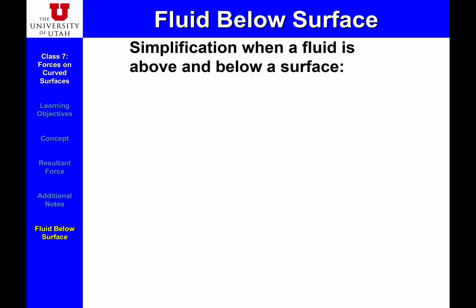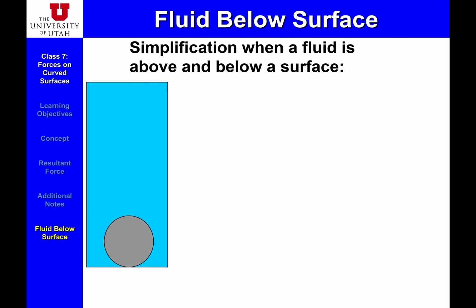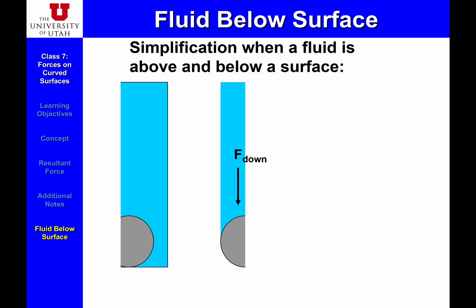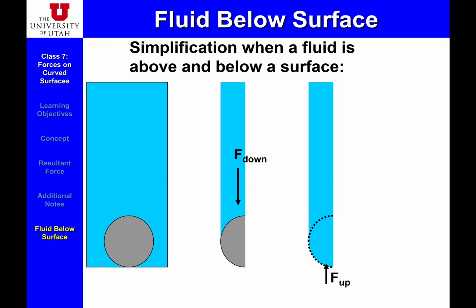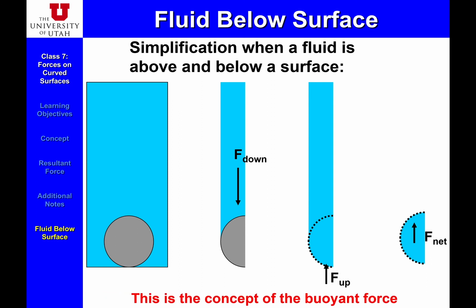So we also know that we can have a fluid above and below a surface. And so here's a case of a ball that's submerged in water, and we have a force acting down on the ball. We also have a force acting up on the ball. And so with this concept, we end up with a net force, and this is the concept of buoyant force.